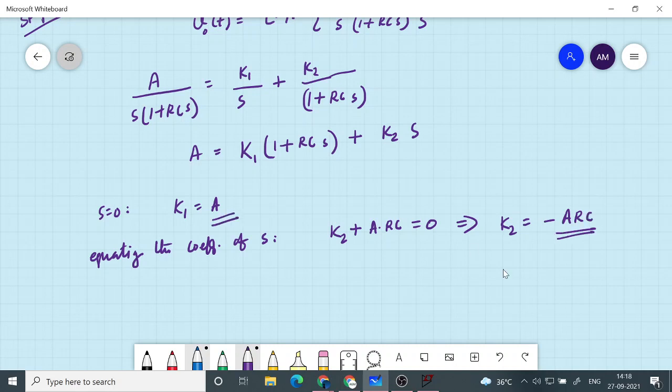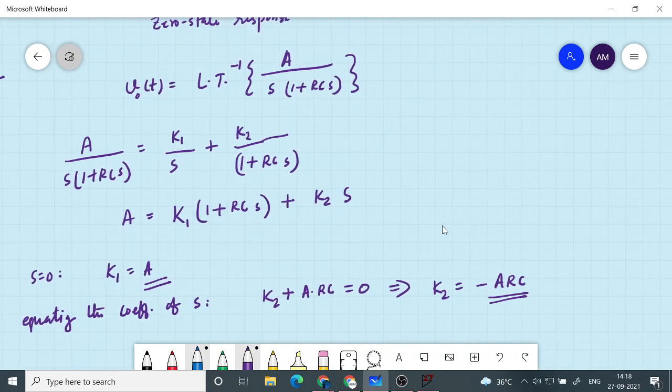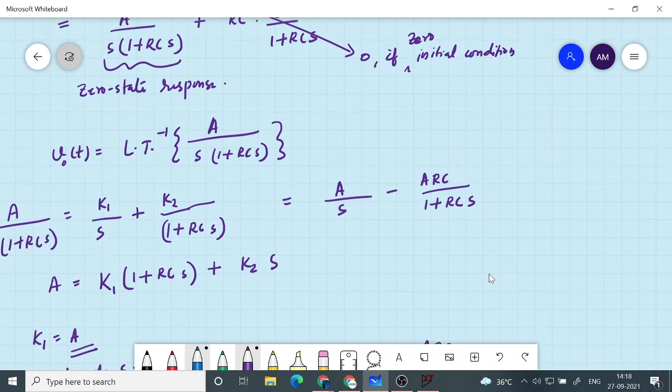Now I can go back and substitute these values. So this can be written as A by S, then minus A RC by 1 plus RCS. So this is a standard form, and therefore we can write the inverse directly by taking the corresponding expression.